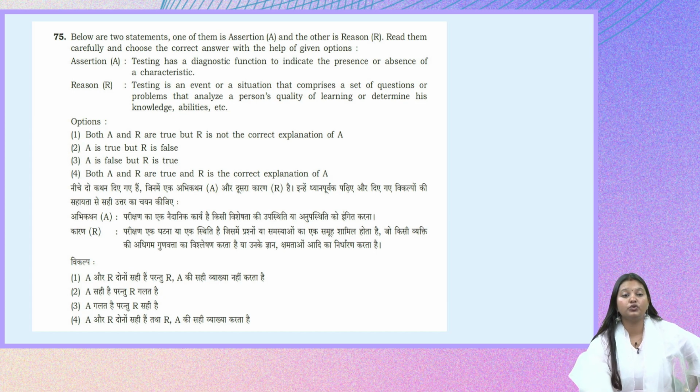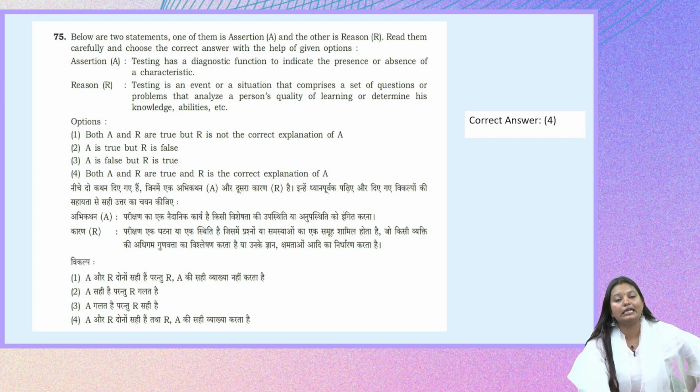So the right option here will be option 4, that is both assertion and reason are true and the reason is the correct explanation for the given assertion. Moving on to the next question that we have in front of us.